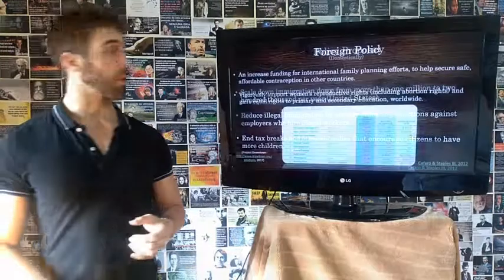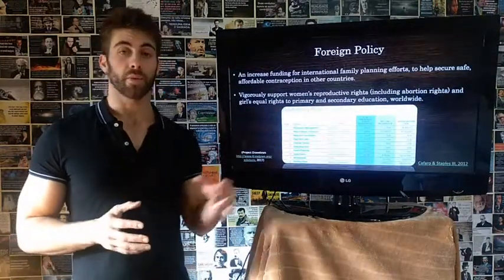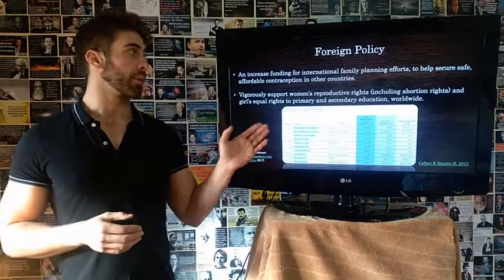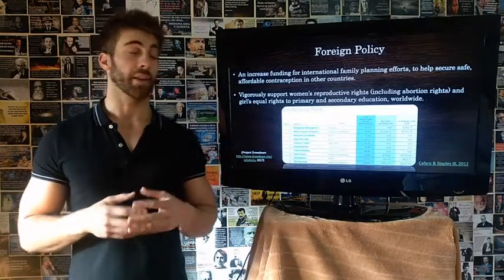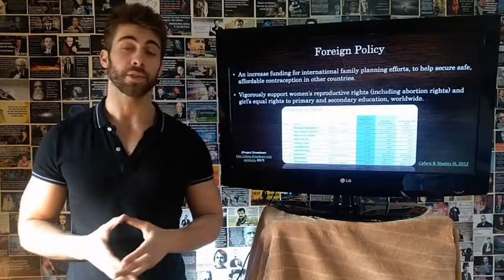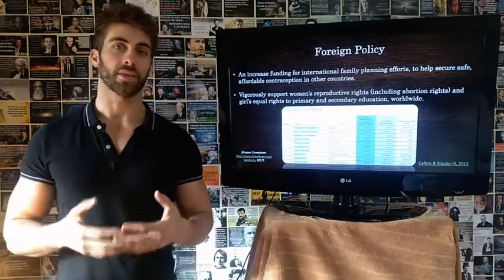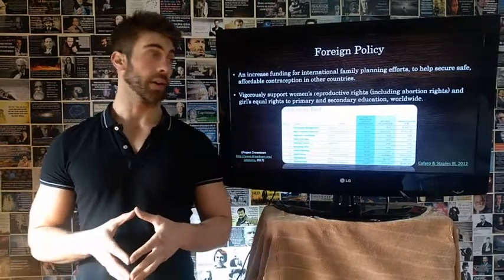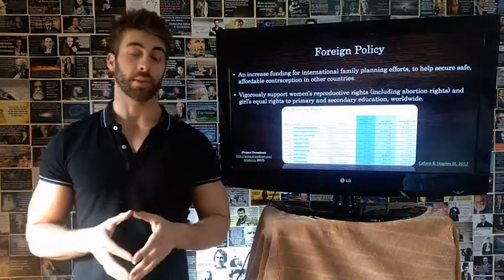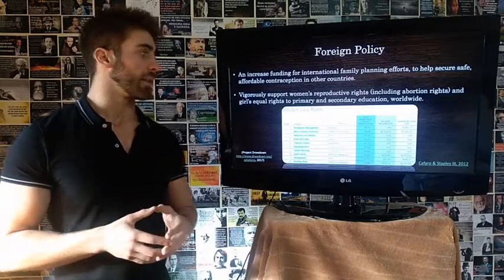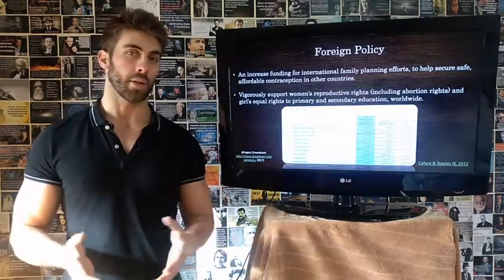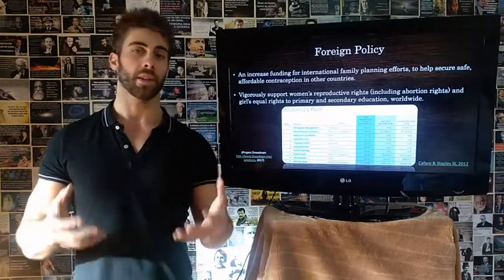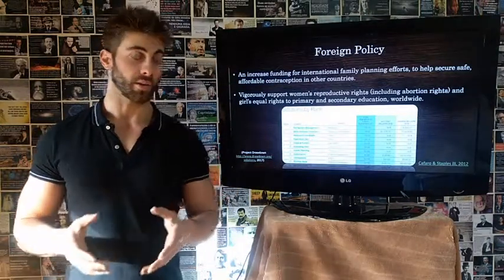In terms of foreign policy, these would also be adopted internally in those countries, but there would be an increase in funding for international family planning efforts to help secure access to contraception in those countries. Also vigorously supporting reproductive rights, including abortion rights and girls' equal rights in other nations, as well as providing primary and secondary education to girls.